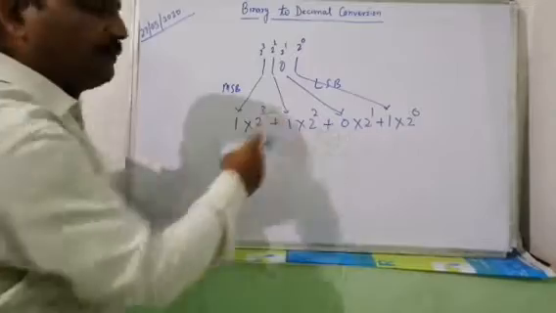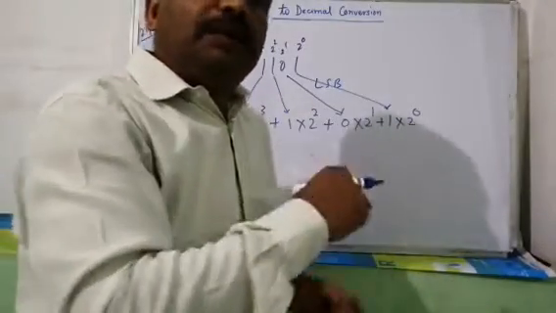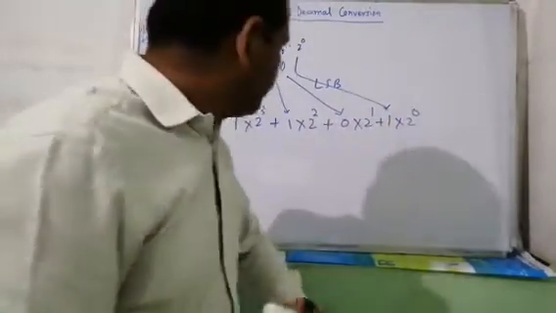So for all the digits, we multiply that digit by its weight.